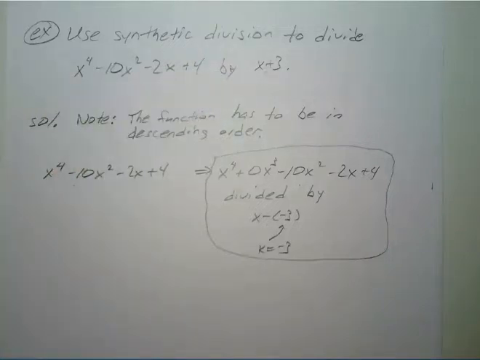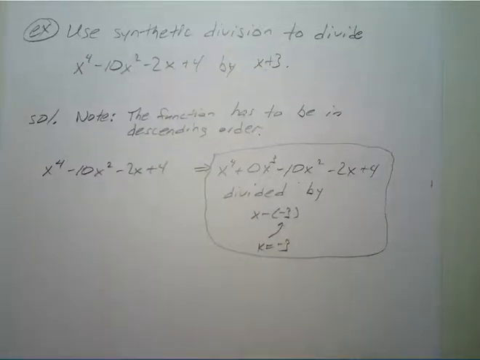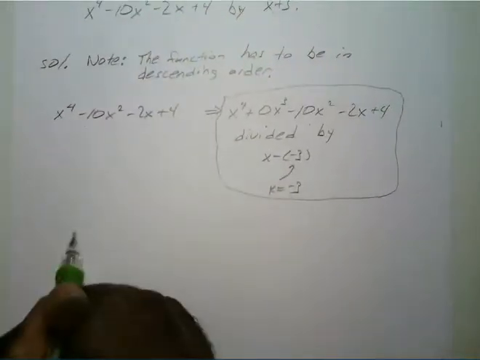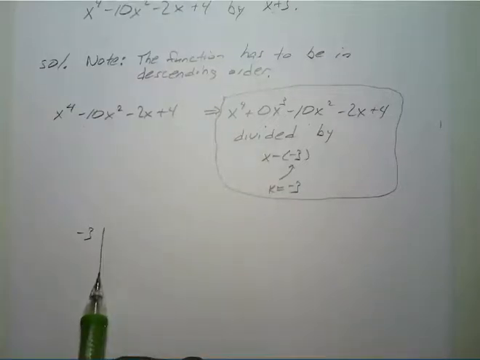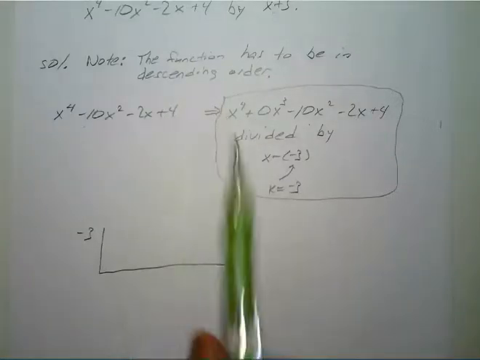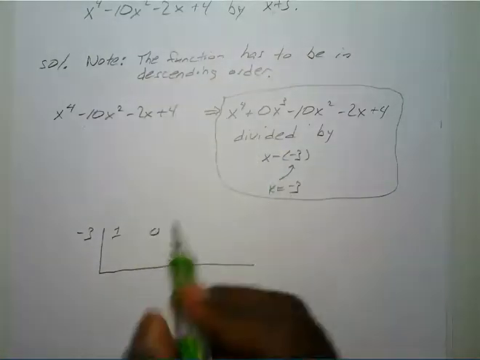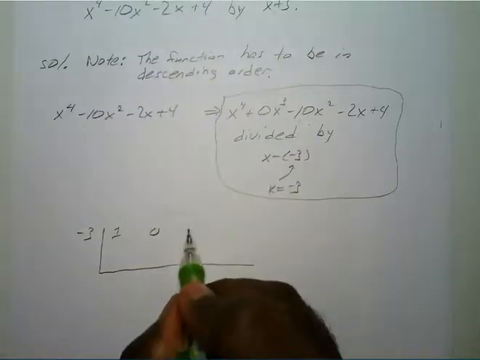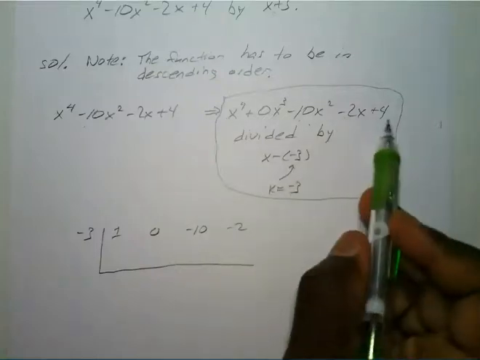Okay, so our k is equal to negative 3, so we're going to put our negative 3 right on the outside and then put our upside down bracket here. So you have 1x to the fourth plus 0x to the third minus 10x squared minus 2x plus 4.